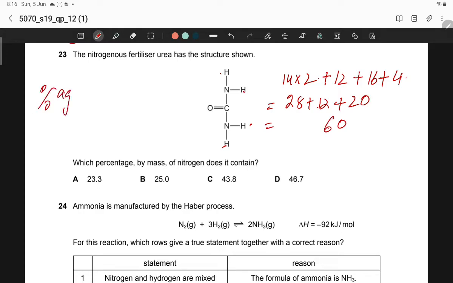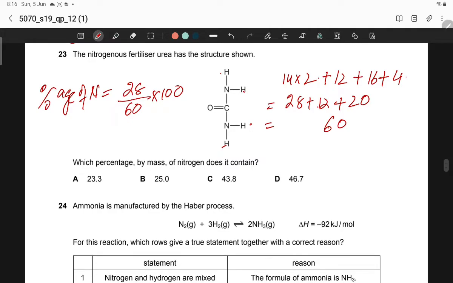Percentage of nitrogen is equal to 28 divided by 60 into 100, which is equal to 46.66, so 46.7. D is the correct option.